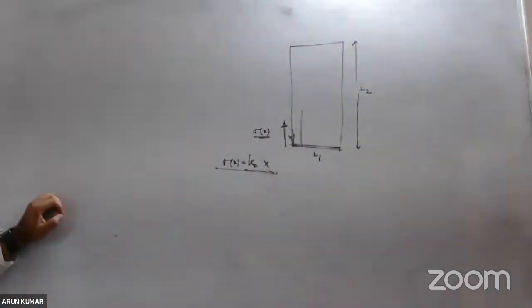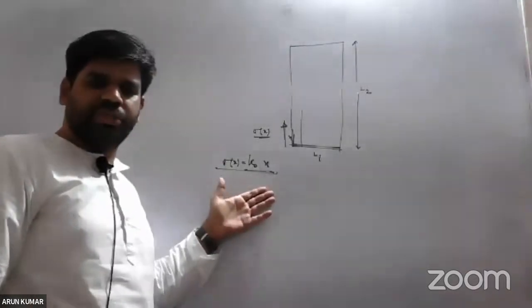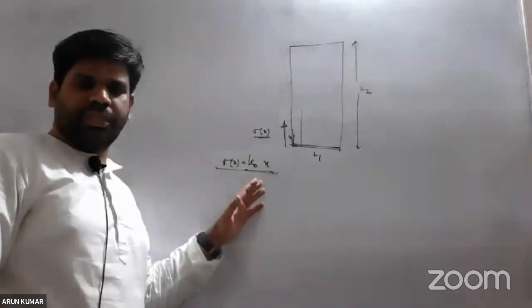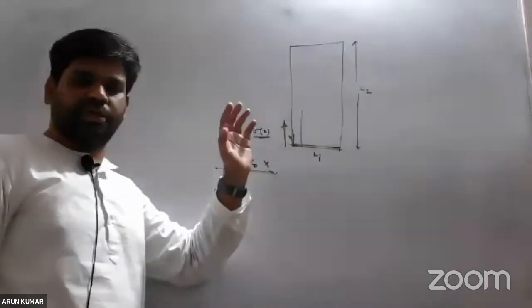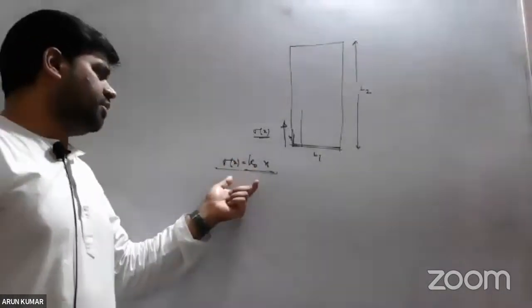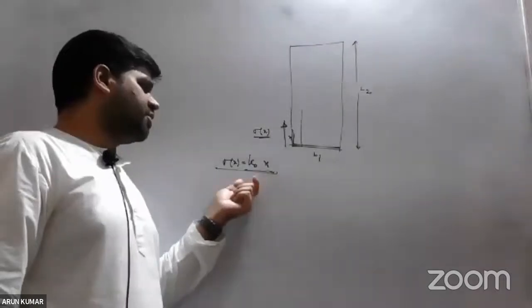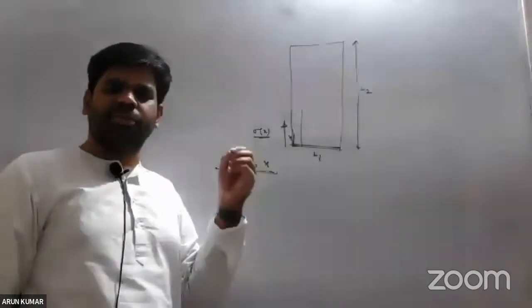Some constant into x, some linear function of x. It could be anything. It could be constant, it could be quadratic, linear, parabolic, exponential, anything. That depends on the construction of this sheet. We are not bothered about that. We are bothered with the function. How is the function varying? Function ఎలా vary అవుతుంది? Sigma is equal to k into x, some linear function of x.